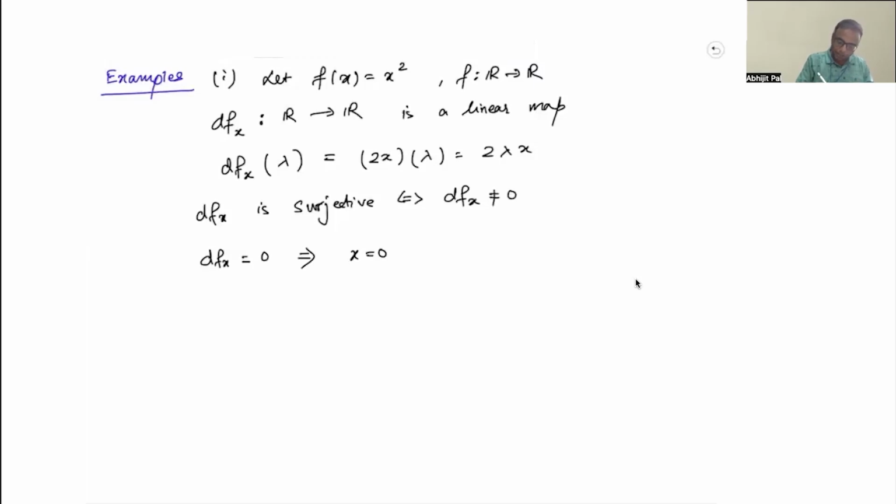So at x equals 0, df_0 is not surjective.